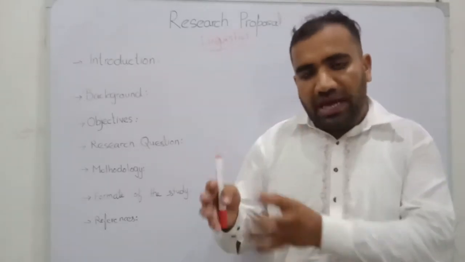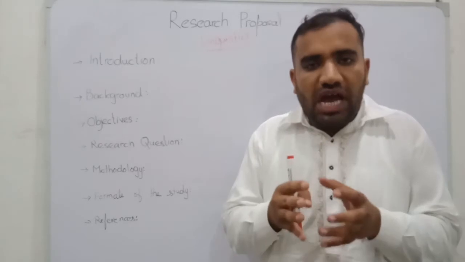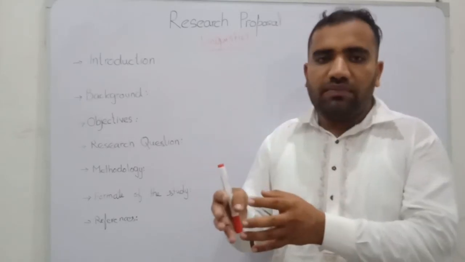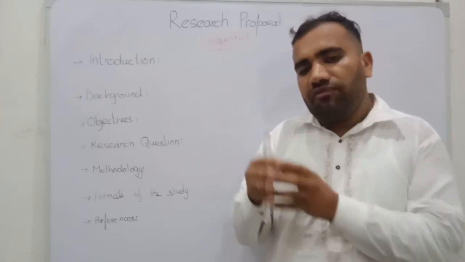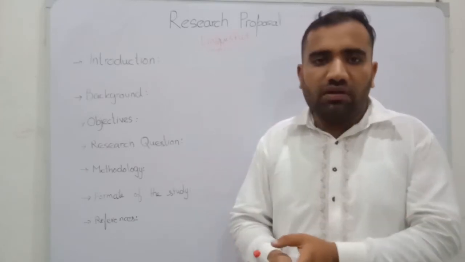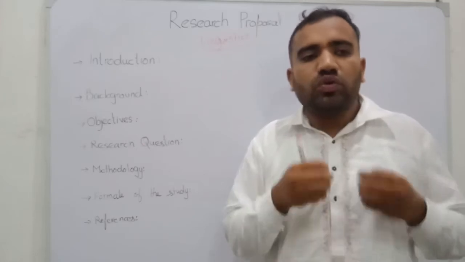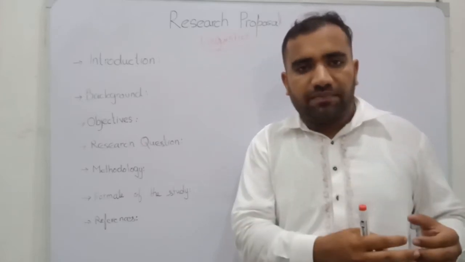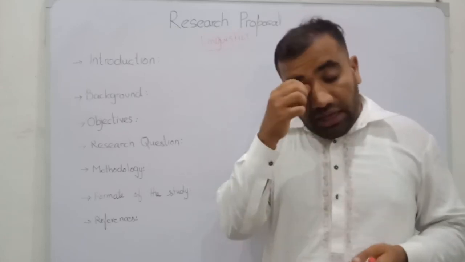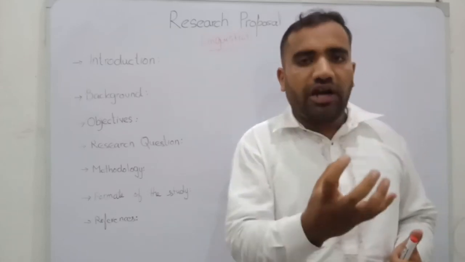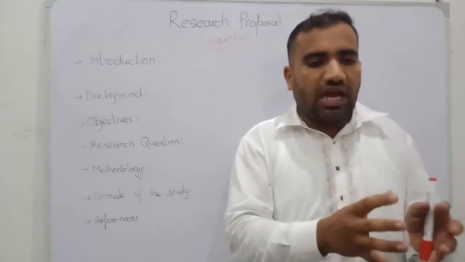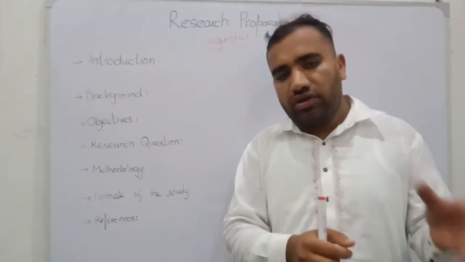After giving the background, you have to propose that this is the background, and after reading the background, I want to do this type of research, and this is the gap. In the background you have to find out the gap.